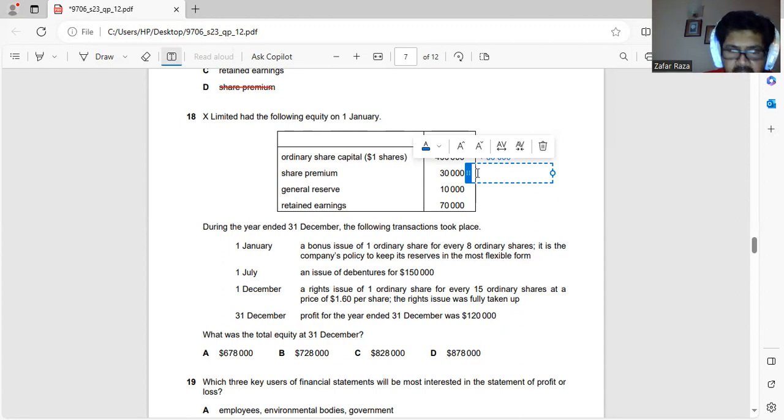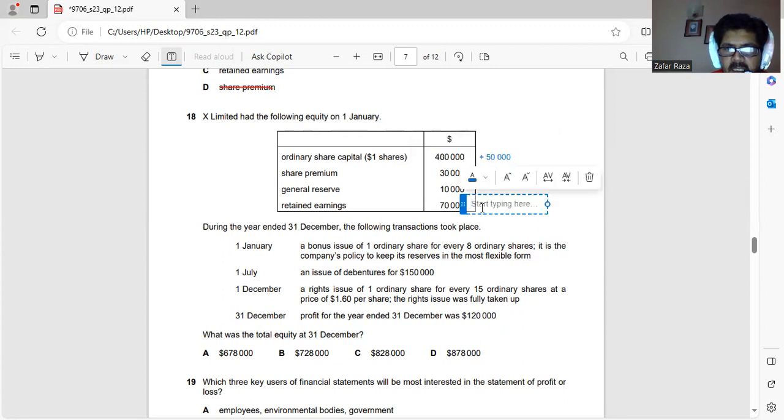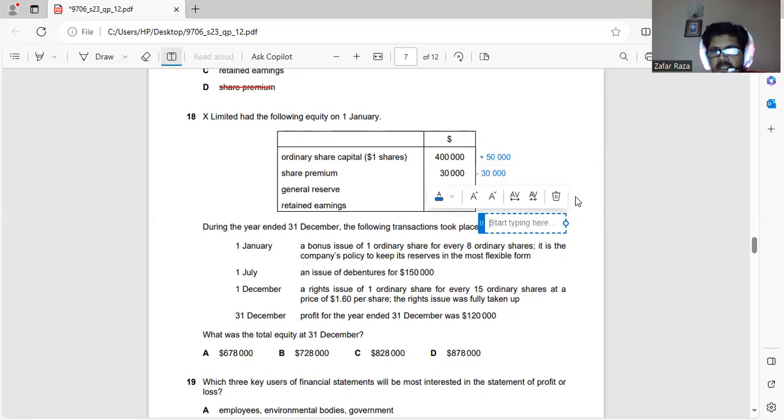We can only pay 30,000, and the remaining 20,000 we will pay from the retained earnings. Got it? This is the situation which is setting the equation.